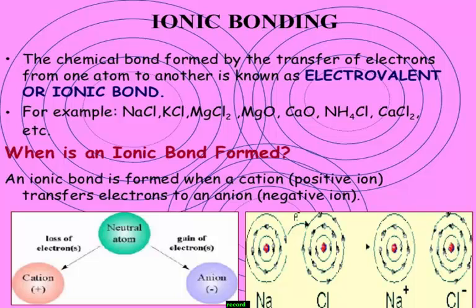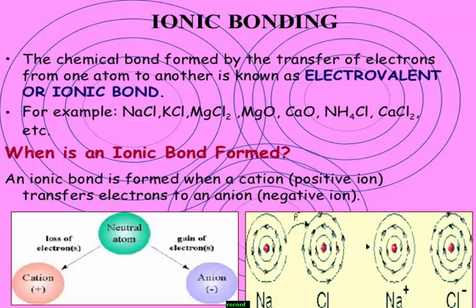Simply we define this point: the complete transfer of one or more electrons from the outermost shell of an atom. Simply transfer of electrons from one atom to another atom, it's nothing but ionic bonding.